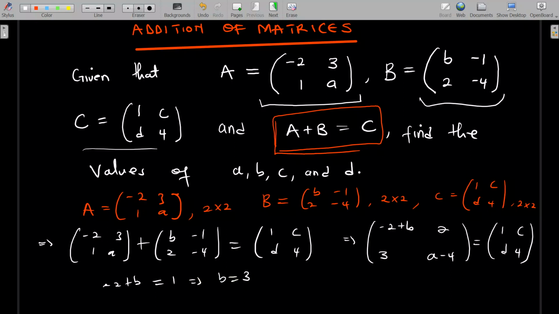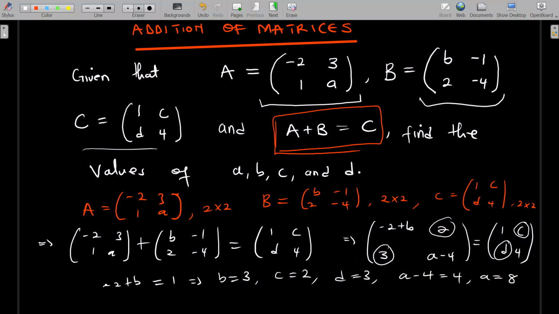On the other hand, the corresponding entries should be the same, so C is equal to 2. Again, this entry should be equal to that one, so D is equal to 3. And then A minus 4 should be equal to 4, meaning that A is equal to 8. So that's the solution.